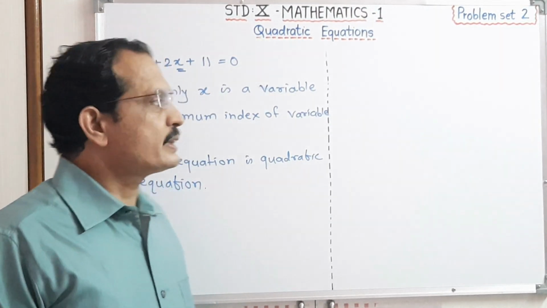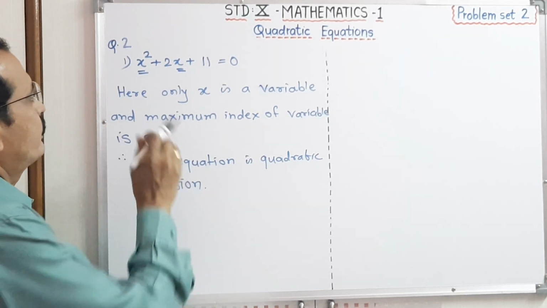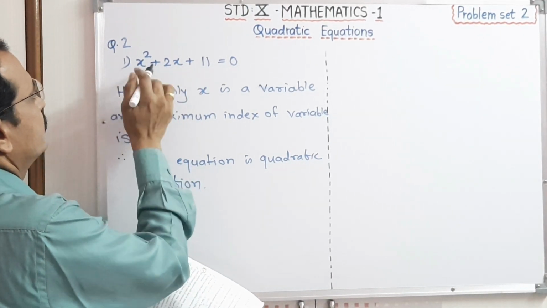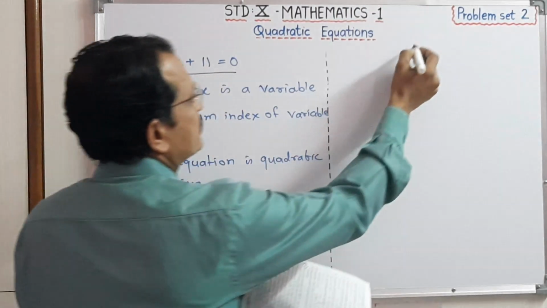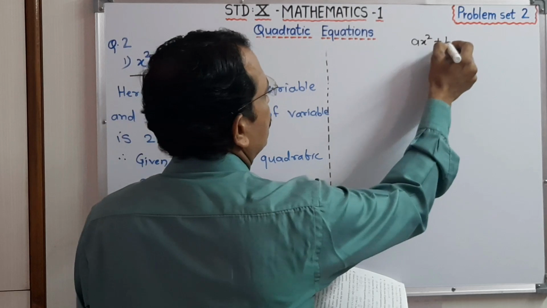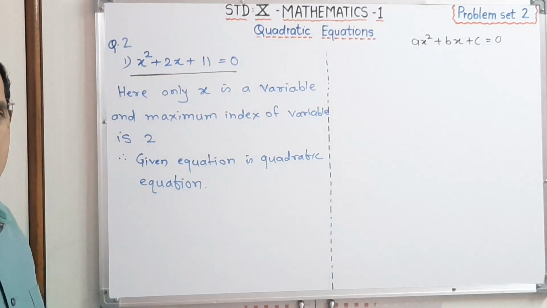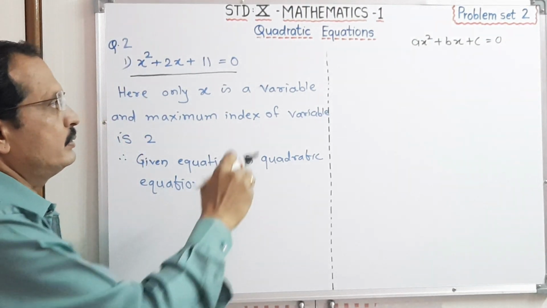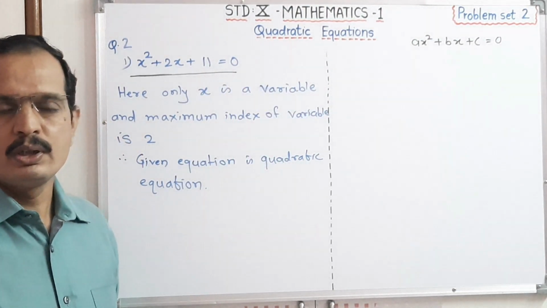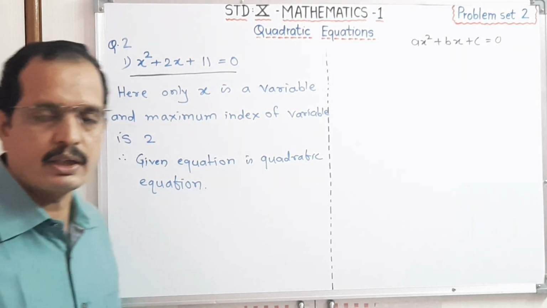See dear student, in this case the given equation is in the standard form, ax square plus bx plus c equal to 0. If it is not in standard form, then we have to try to write that equation in a standard form. If we can write it in a standard form, then it is a quadratic equation.